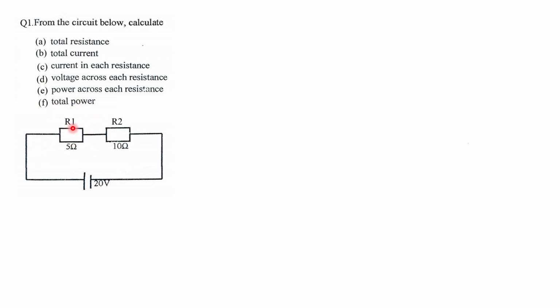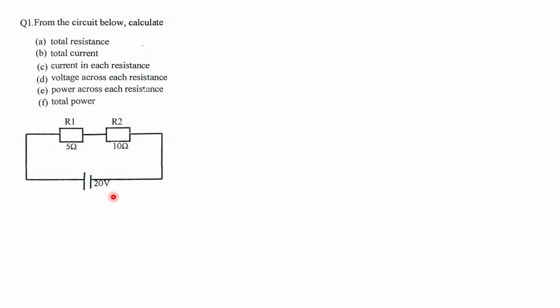The circuit has resistances R1 and R2 connected in series across a supply of 20 volts. So this is a series network. One thing I want you to remember is that whenever you are dealing with a series network, the current is always common.